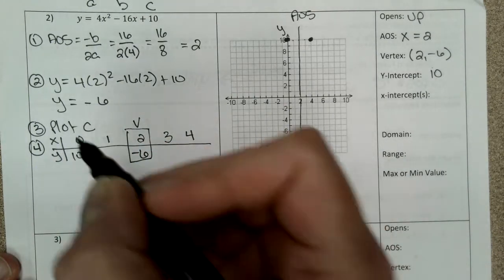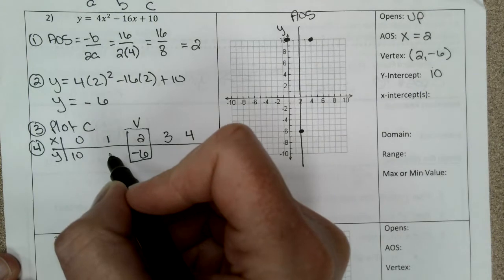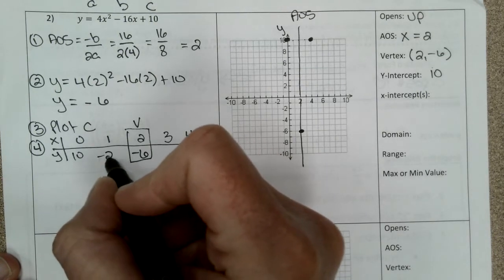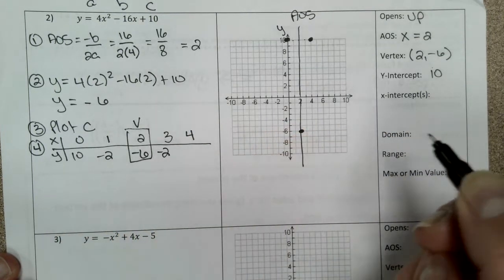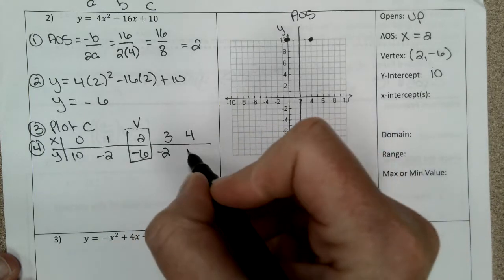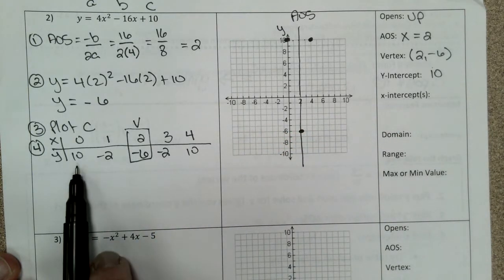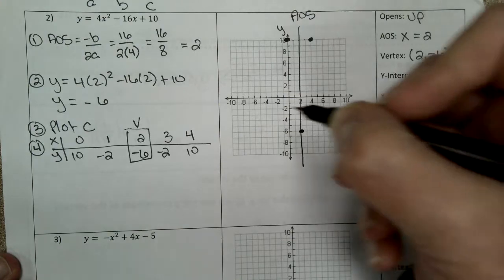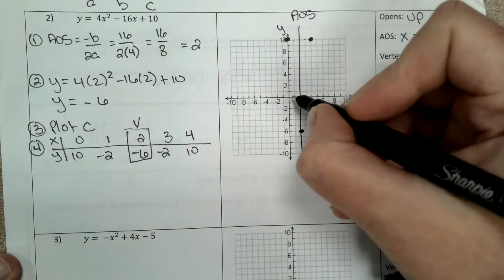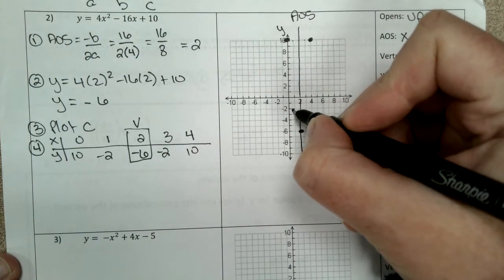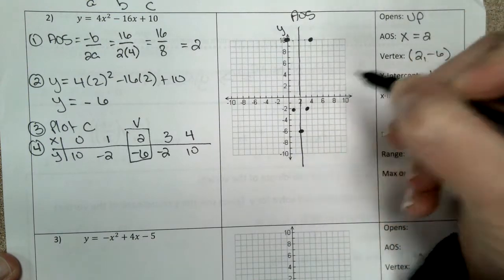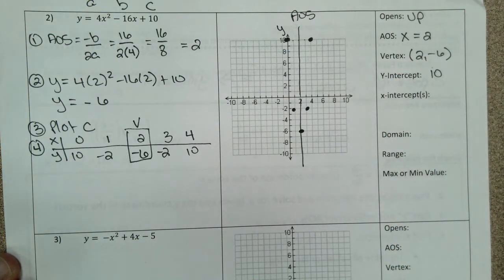I plugged 1 into my equation and I got -2. That 0, 10, I got from my y-intercept. I didn't even need to plug that one in. So the only other points I get from that are 1, -2, and 3, -2.